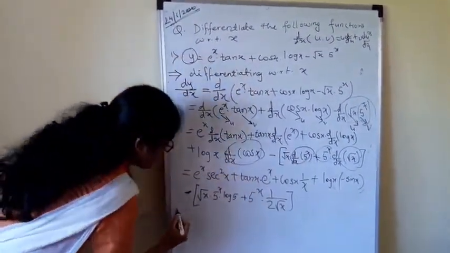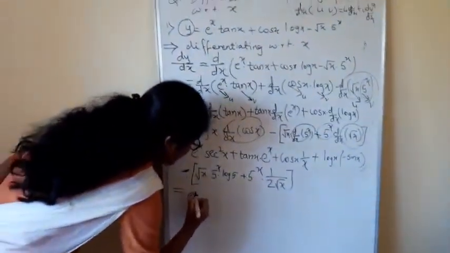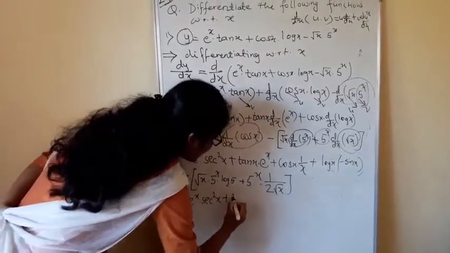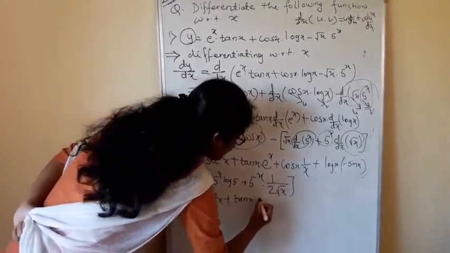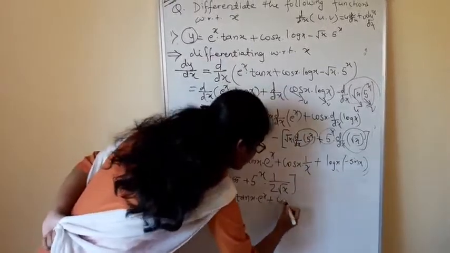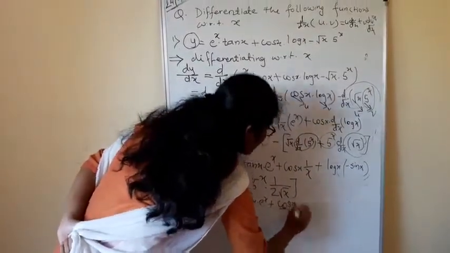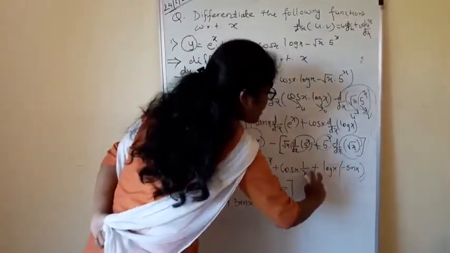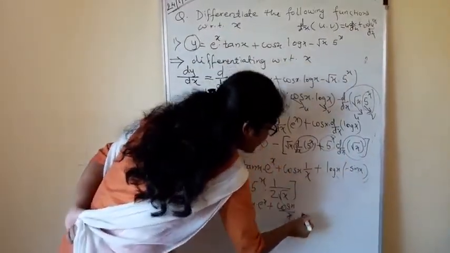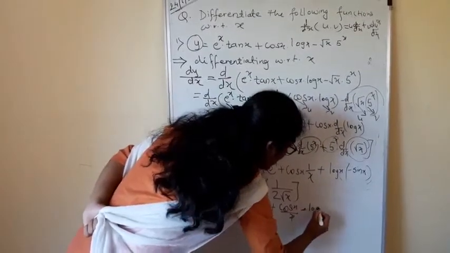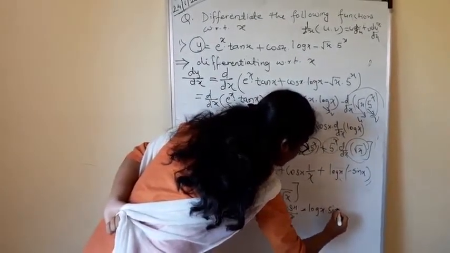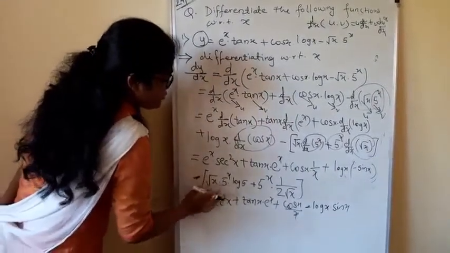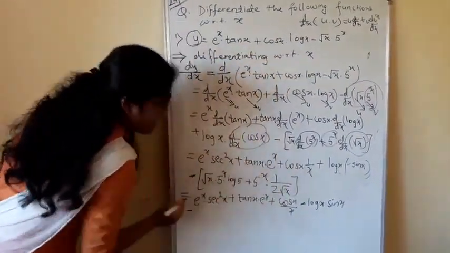So e raised to x into sec square x plus tan x into e raised to x plus cos x upon x, because cos x into 1 upon x is cos x upon x. Now plus into minus, this will be minus log x into sin x minus, now we'll multiply the whole bracket by the minus sign.